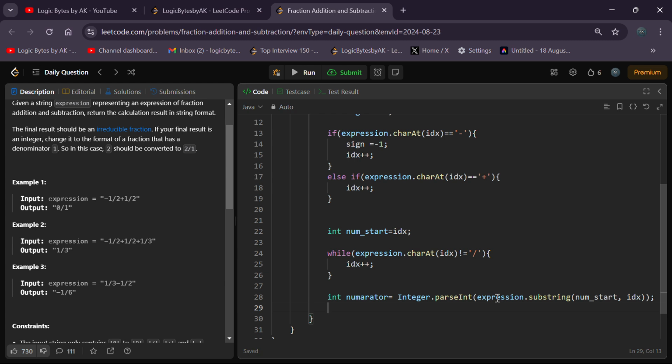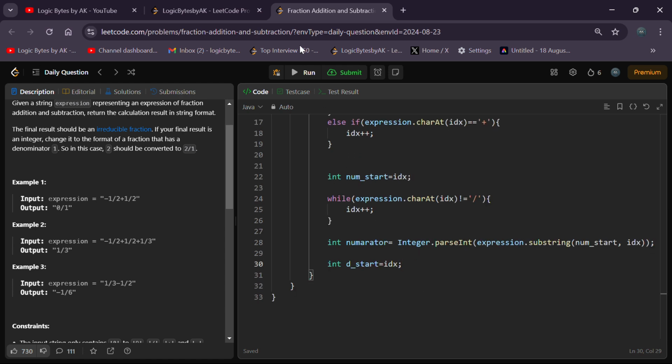denominator. So for the denominator, let's say we have to start from the digit after the slash. So we store the denominator starting point, d start equal to idx.